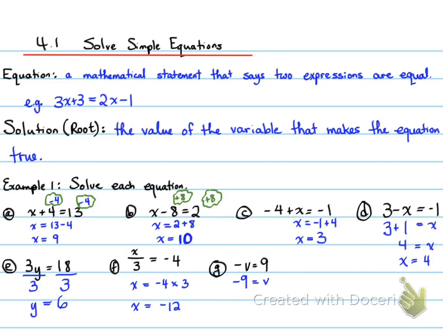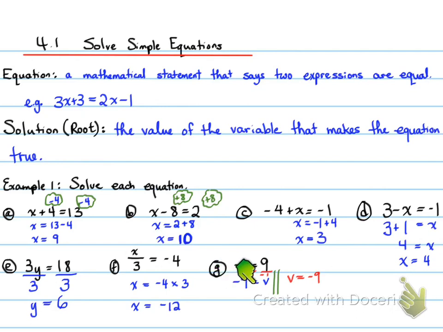Another way to approach this question is by looking at it in terms of how can I get rid of that negative? Well, what I can do is take v equals and divide both sides by -1. We're dividing by -1 to move the negative to the other side. And 9 divided by -1 is v is equal to -9.